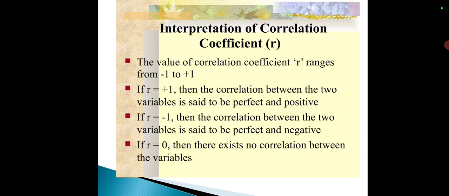If r is -1, then the correlation between the two variables is said to be perfect negative correlation. If r is equal to 0, then there exists no correlation between the variables. These are the interpretations of the correlation coefficient range. Thank you.